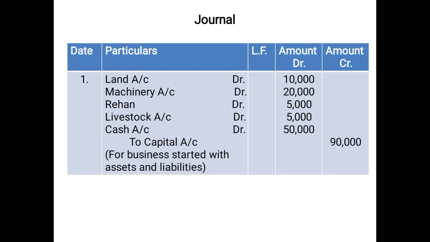So we have debited all the assets. Now the subtotal of this, that means 90,000, will be credited to capital account. So to capital account 90,000, and the narration can be for business started with assets and liabilities. So this will be the entry for this case.